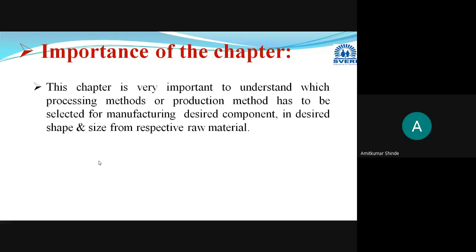You will be able to understand for which plastic material which processing method can be used, and which kind of shape can be given. This is the importance of this chapter.